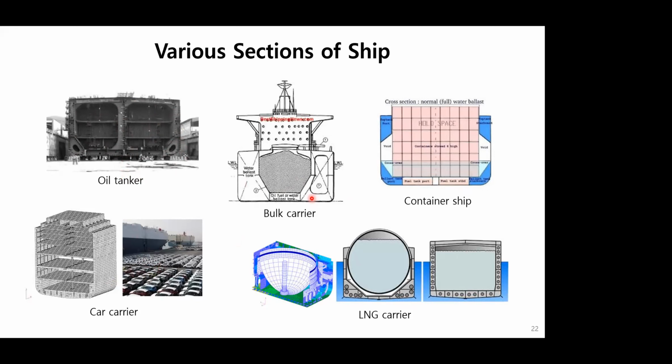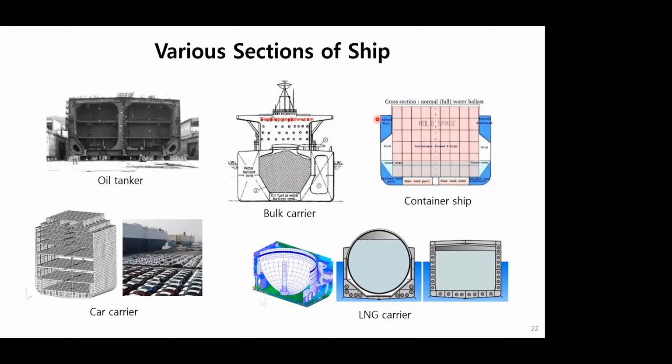Next, the bulk carrier: center cargo hold and 2 side ballast tanks, 3 closed sections in a big 1 closed section. Container ship has to have a big opening on the deck inevitably.